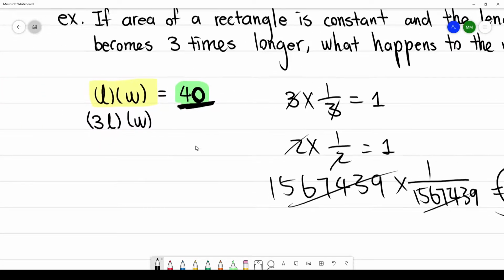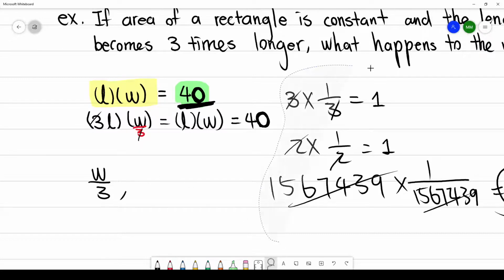So when we multiply by 3, if we divide the width by 3, then we essentially cancel this out, and we are left with L times W again. And that is equal to 40 again. So what do I have to do to the width? Width divides by 3. Let me just erase this first.